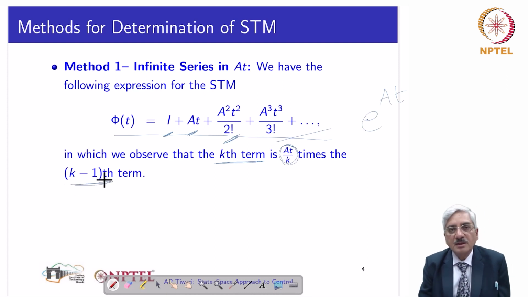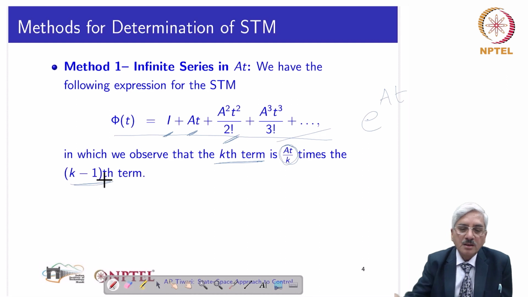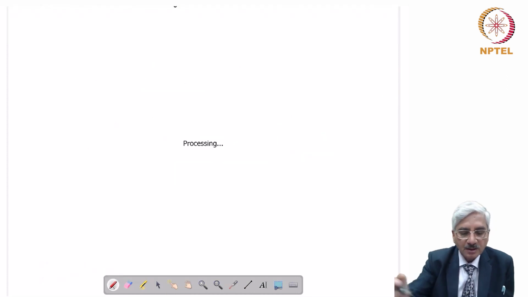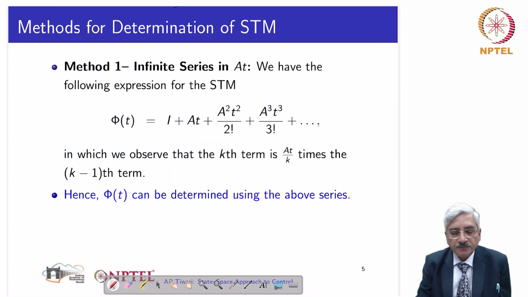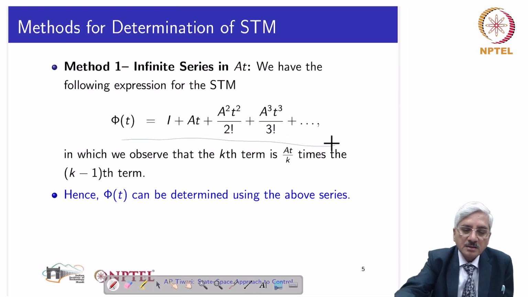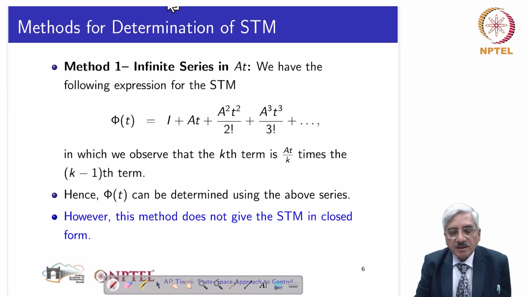And this gives an easy way of obtaining the successive terms once the previous term is known. So this method, although not very efficient, is suitable for computer calculations and of course also for pen and paper calculations. So using this we can determine phi(t), and this is demonstrated by an example in the next slide.